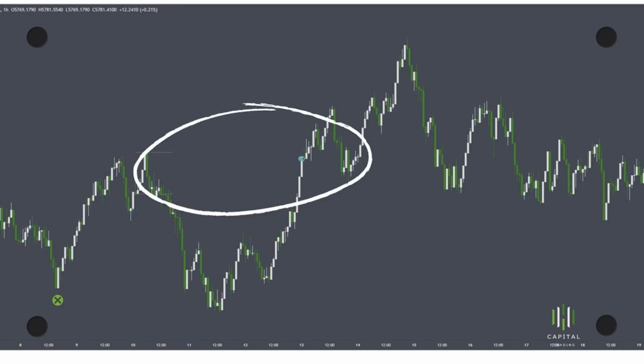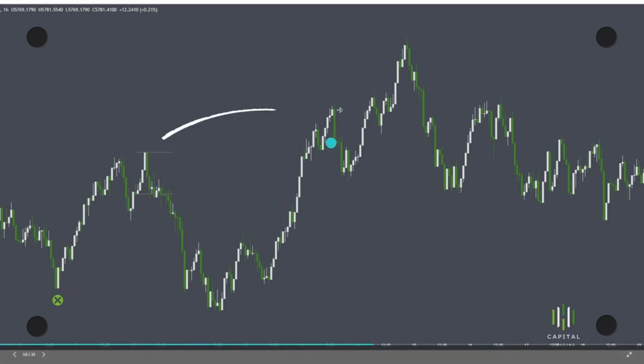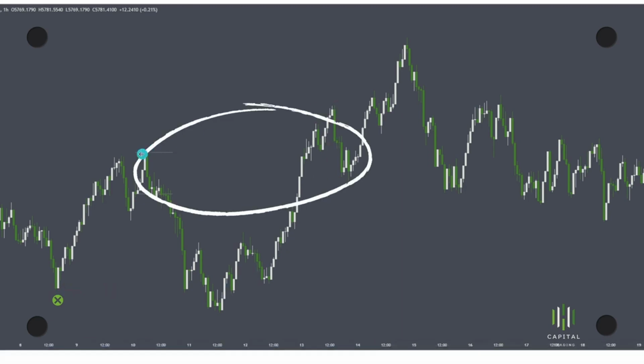So price will violate an old low and then go up, and then we look for the most recent high, and then they take that high out and then come back to find support on that level and then go to the topside, right? So this is how you find longs using a bullish breaker block.